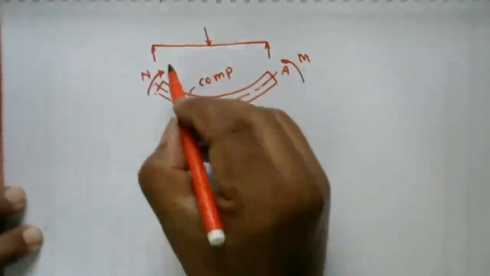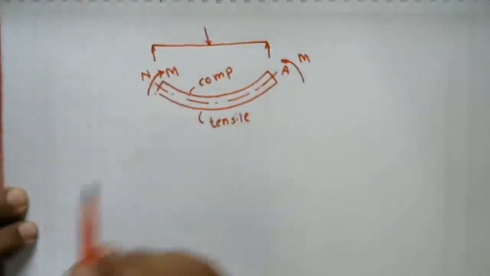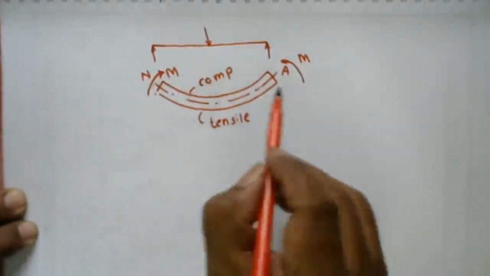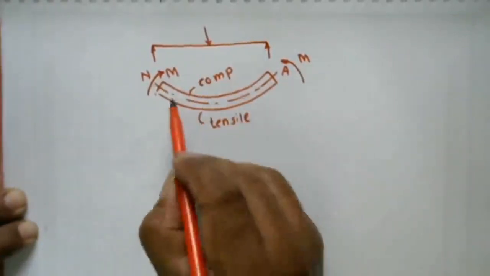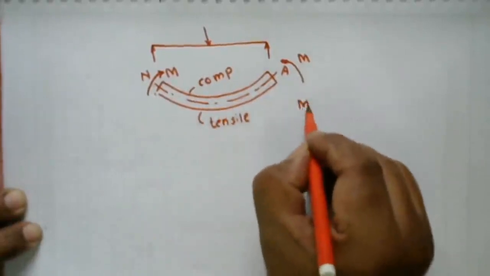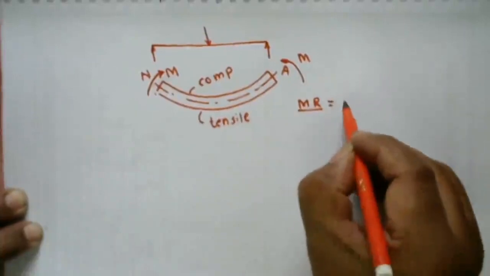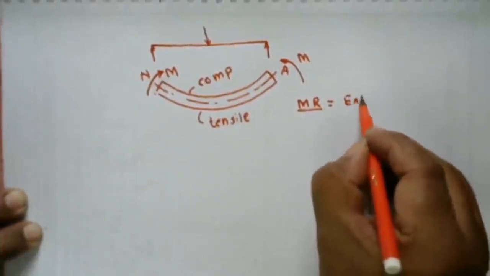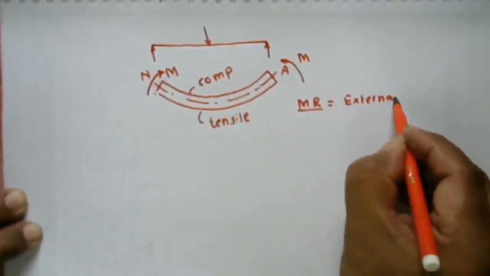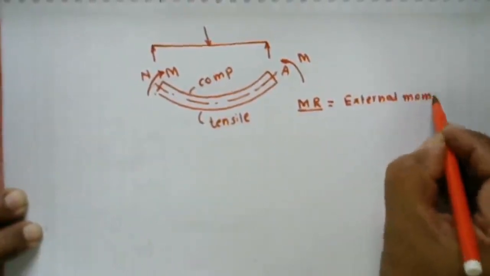The total moment of these forces about the neutral axis is known as moment of resistance, which is equal to the external moment. So remember here, moment of resistance is always equal to the external moment.